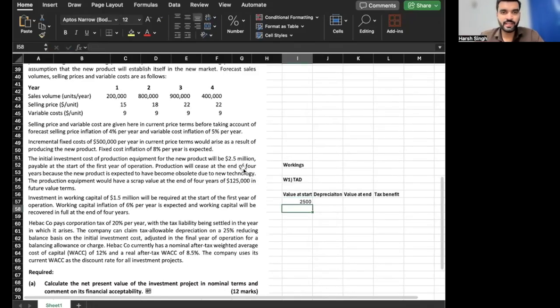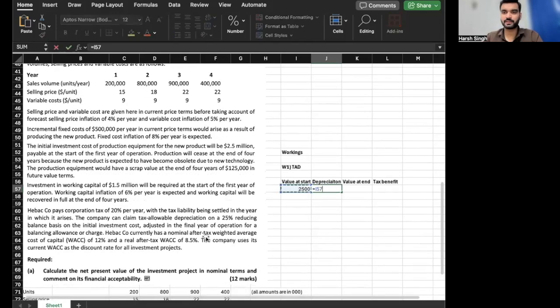At the end of 4 years, there will be a scrap value of 125. What is the depreciation? 25%. This amount multiplied by 25%. What is the value at end? This amount minus this amount. Tax benefit will be this amount multiplied by the tax rate, 20%.